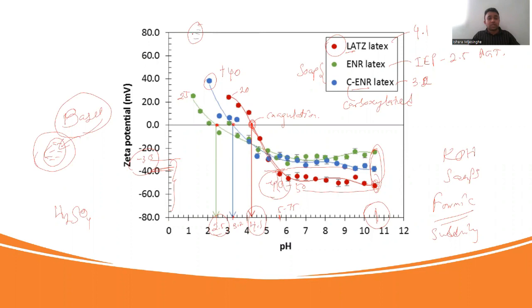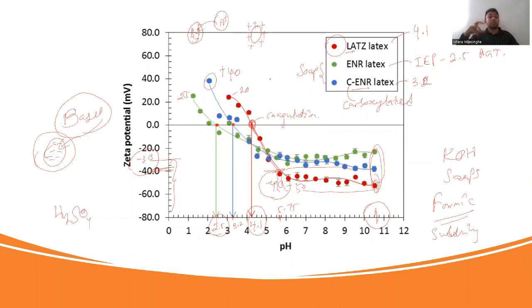Let me explain in this way. So these are negatively charged, right? So when I add positive charges, the acids, all these will diminish at this point. Then those negative charges will be replaced by positives.